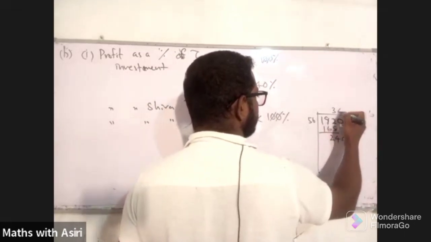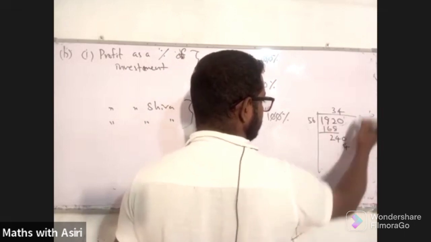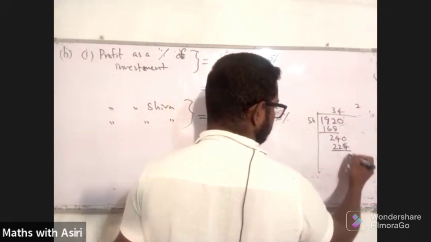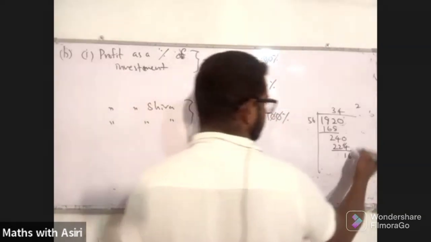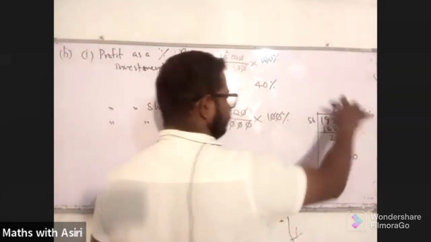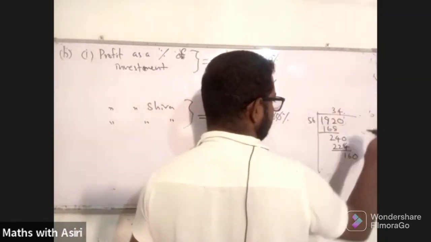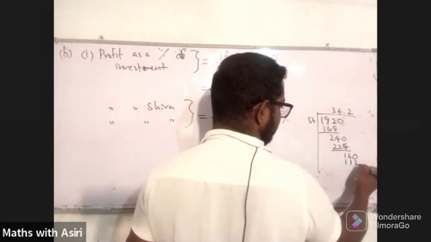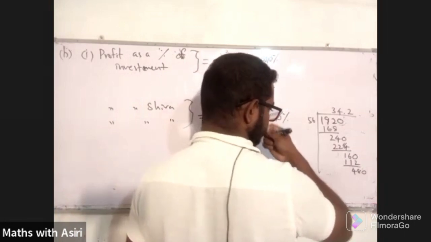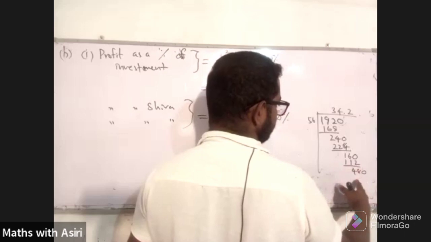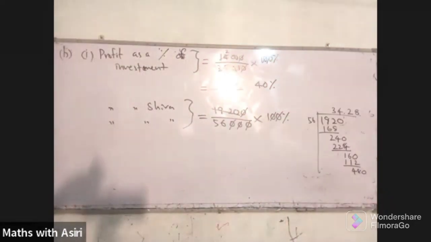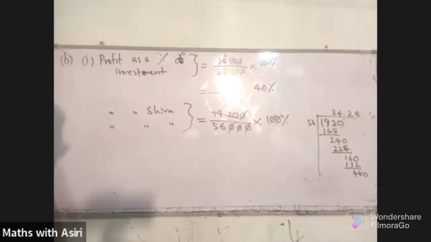Keep a decimal point and take 0. 160, that will be 2, 112, 48, 480. That does not simplify.